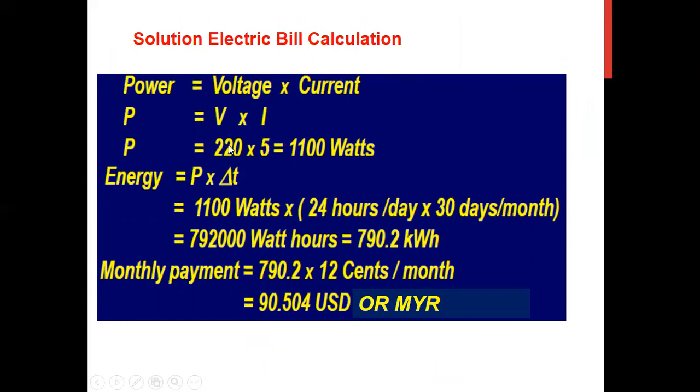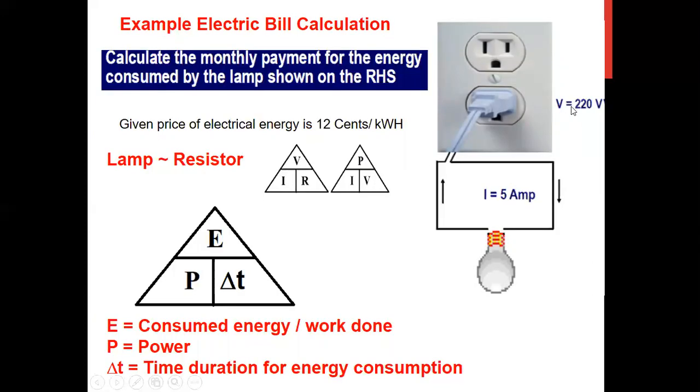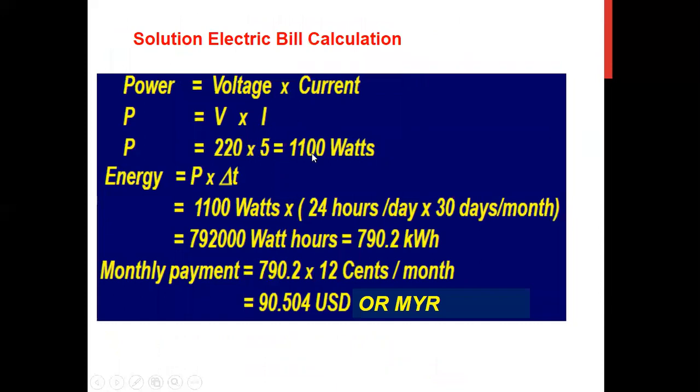V is 220 volts and the current is 5 amps, so P is 1100 watts. Now energy E or work done equals P times delta T, where delta T is the time duration, 24 hours a day for 30 days a month. This is the total time.